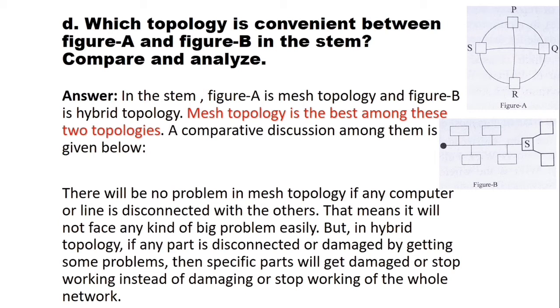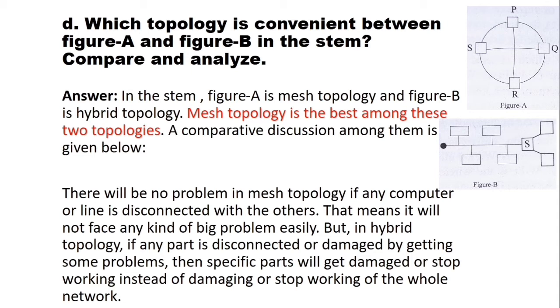Here is the way you can write in your copy. So first of all, you have to identify those topologies and then discuss all the topologies. So I have also discussed here. Here you can see there will be no problem in mesh topology if any computer or line is disconnected from the others. That means it will not face any kind of big problem easily.